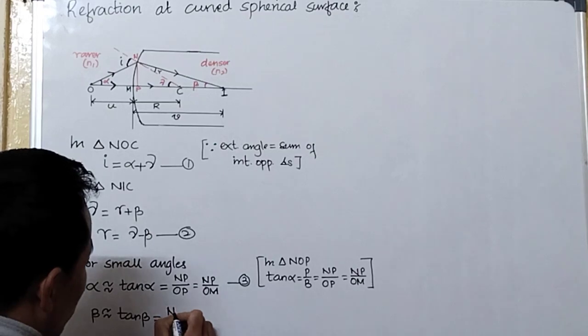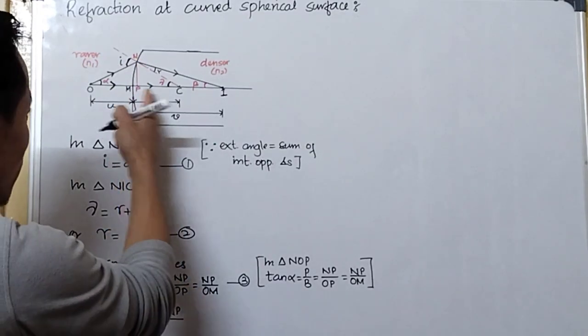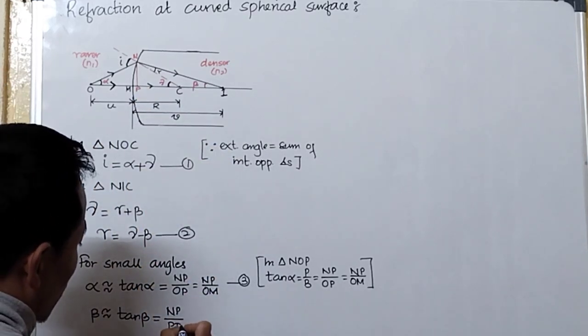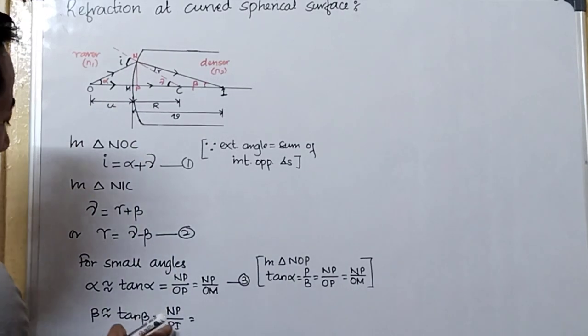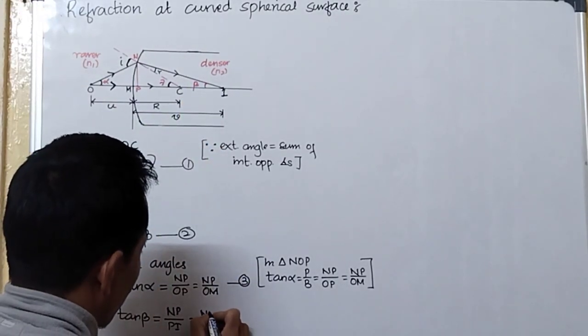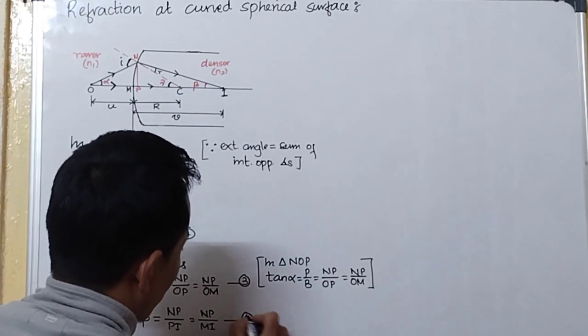Now again, since P and M are close to each other, PI can be written nearly equal to MI. So this equation can be written as NP divided by MI. Let this be equation number 4.